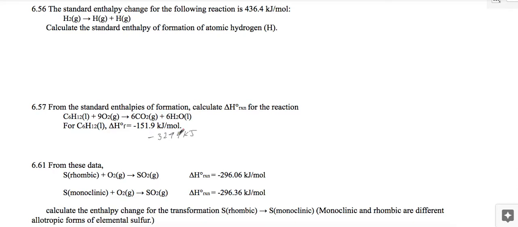So far we've been looking for that heat of reaction, but for number 56, we're given the heat of reaction. It is 436.4. So that's going to be set equal to our two hydrogens, and so that is 2 times X, because again 2 moles of those.